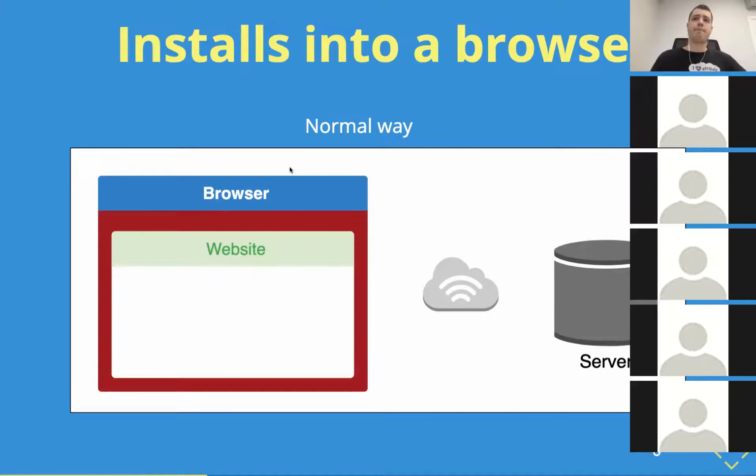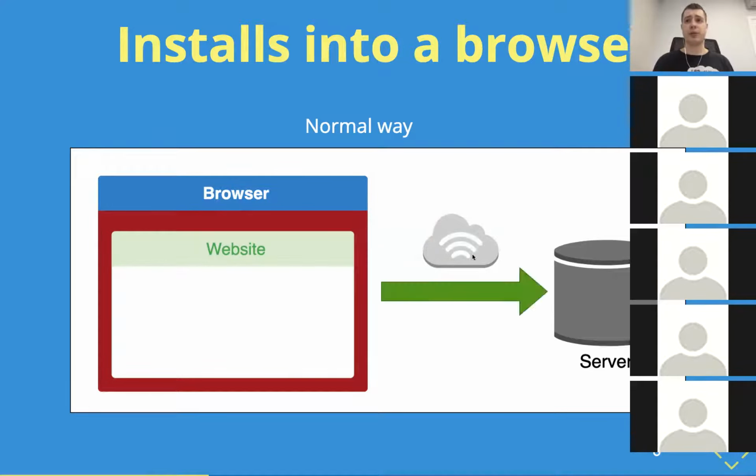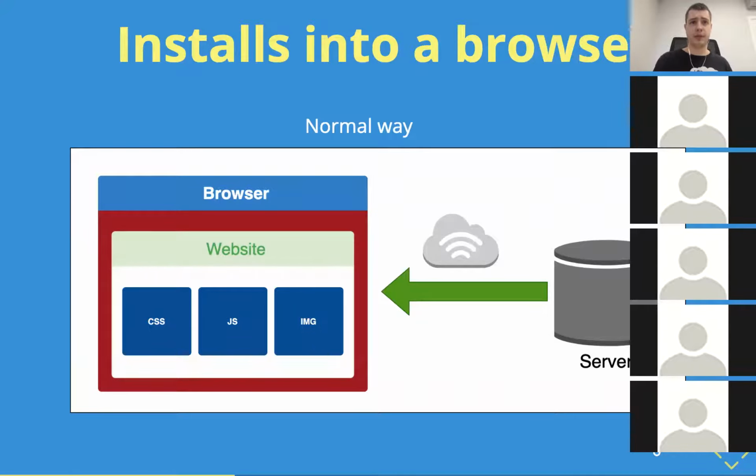Usually, this is how things work between a website and a server. There's a website in the browser, and there's a server somewhere over the internet. The website makes requests to the server asking for data. The server returns this data, something like styles, JavaScript code for interactivity, and images, and those files are added to the website, just like this.